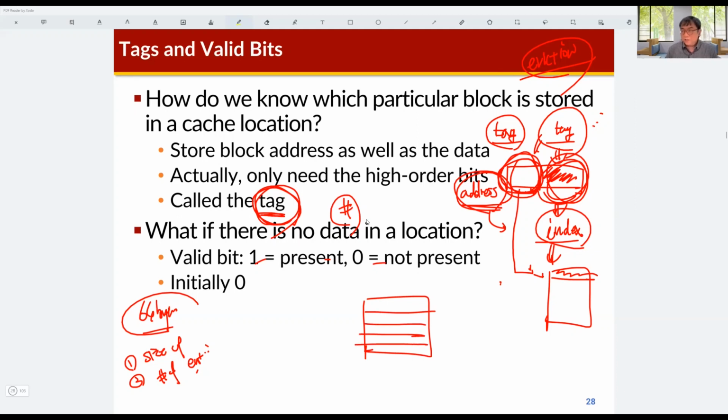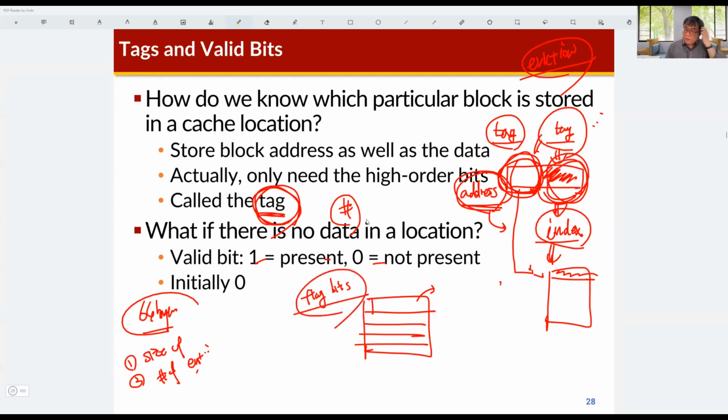Also, initially, the cache does not have any data. That means the cache is empty. So a certain cache entry may be empty or may be occupied by a valid block, and we need to identify this situation, whether it's empty or occupied. In order to identify this, the cache also has a flag bit.